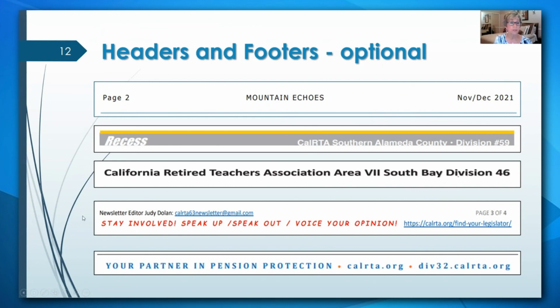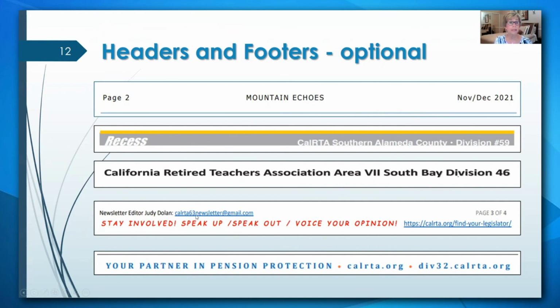These four examples here are footers, and they're all different, very unique, but they all basically have the same kind of information. They have division information, like the name of the division, the division number, perhaps the title of the newsletter.